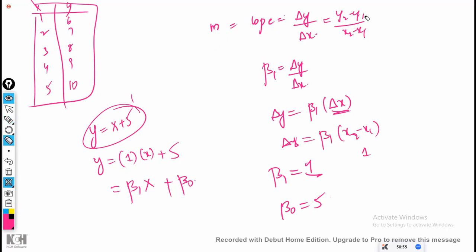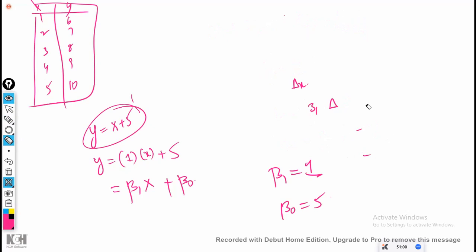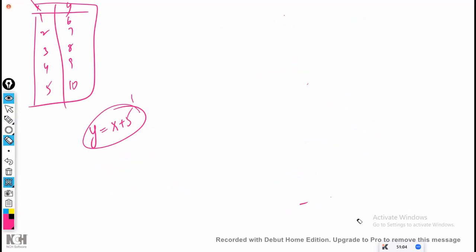Now, in this case, for the example you have calculated, tell me what is the beta 1 value? It is 1. You are changing the x value from 3 to 4. What is the change in x here? What is the change in y?